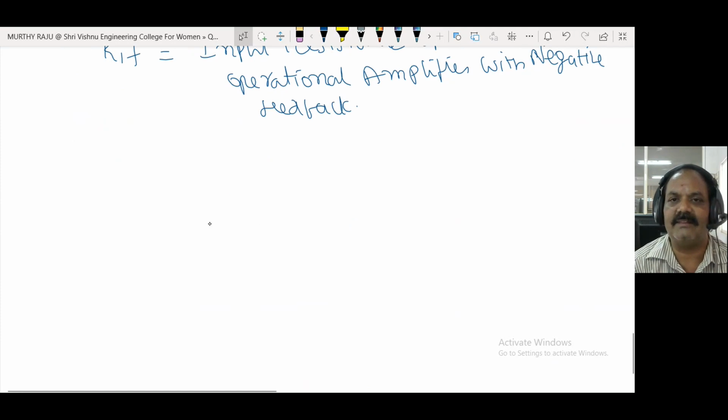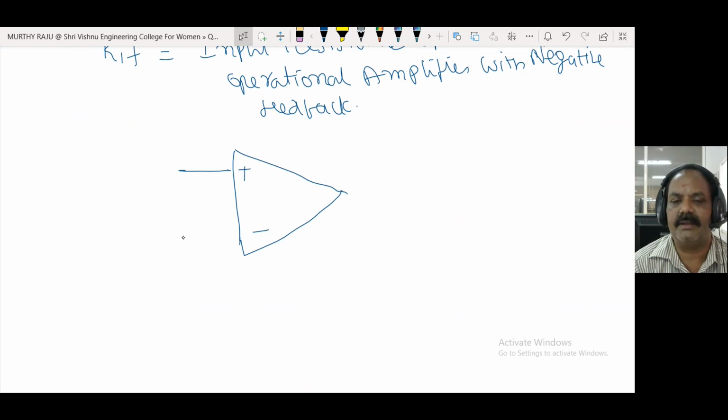Again, draw the circuit diagram here. This one is the op amp, positive here and negative here. This one is V1, this one is V2, VA.